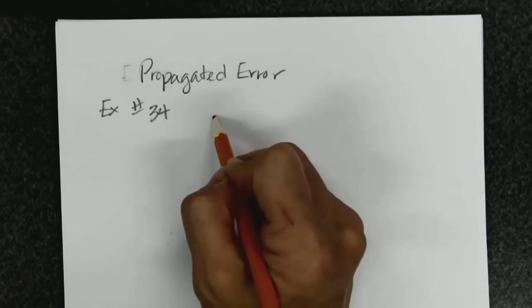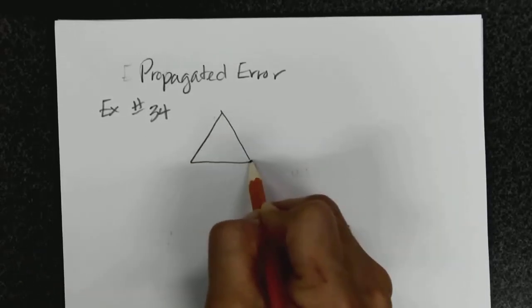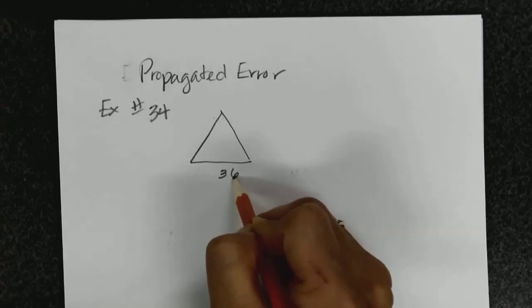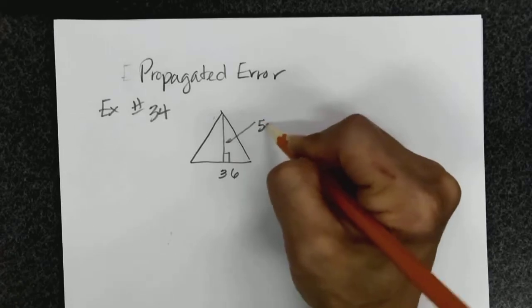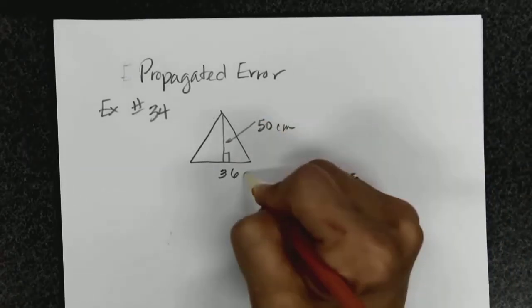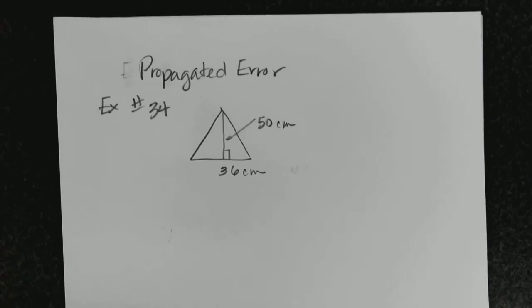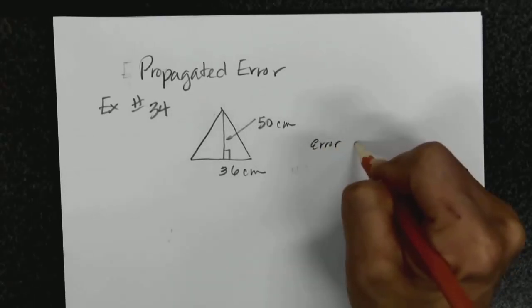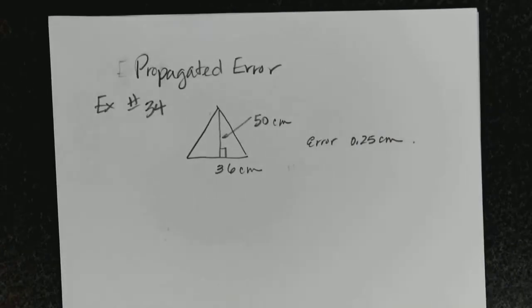So I have a triangle where the base is 36 and the altitude, right, is 50 centimeters respectively. Possible error in each measurement is 0.25. So error is 0.25 centimeters.